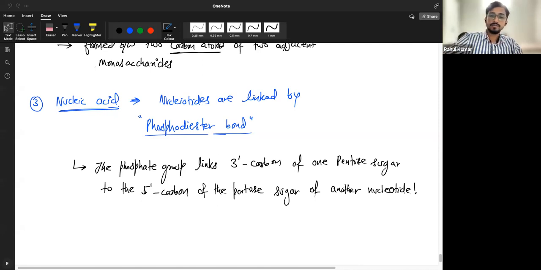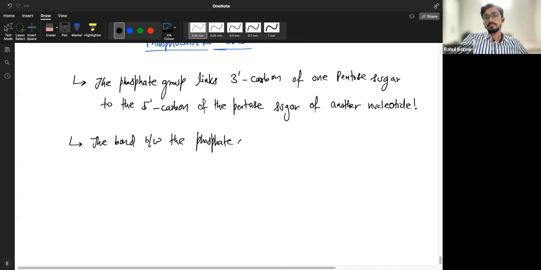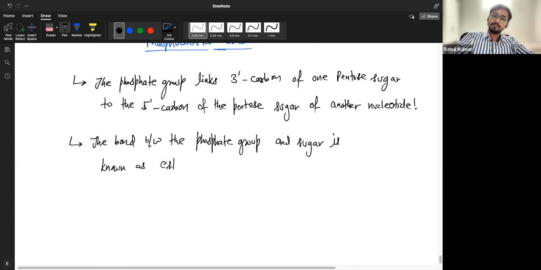Write down, the bond between the phosphate group and sugar is known as ester bond.